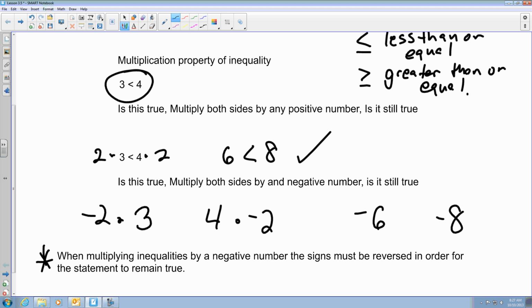For this to be a true statement, I have to flip the inequality. So anytime you multiply by a negative number to both sides, you have to flip the inequality to make the statement true. I like to call that the weird rule.